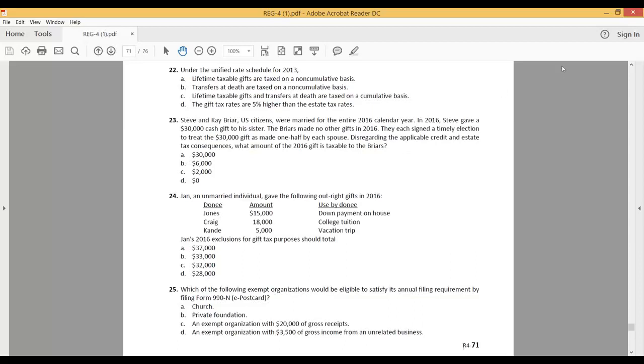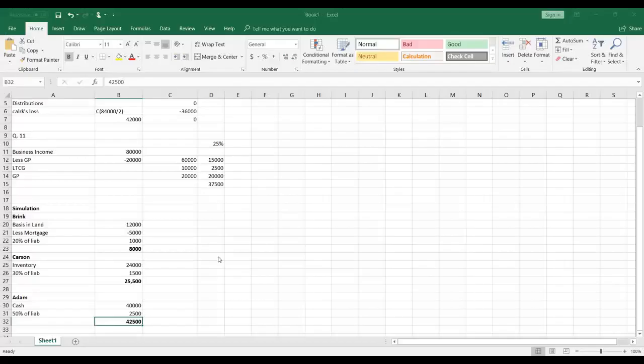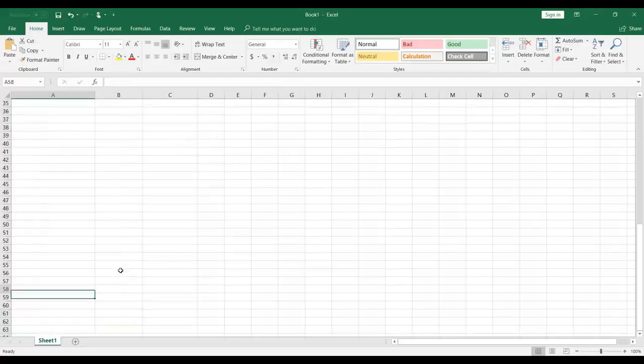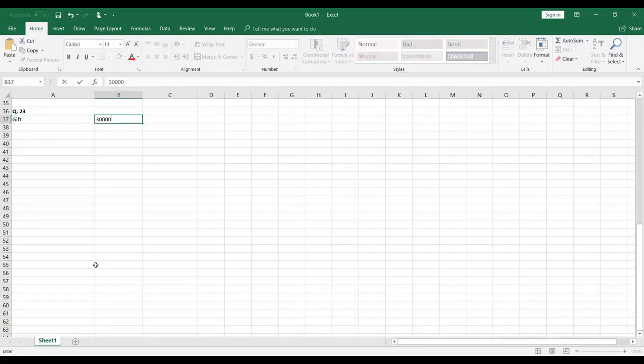2,000. Okay. So tell me how you arrived at the $2,000. They will get a deduction of 28,000. Yes, and it's 28,000 because they are electing to split the gift, right?